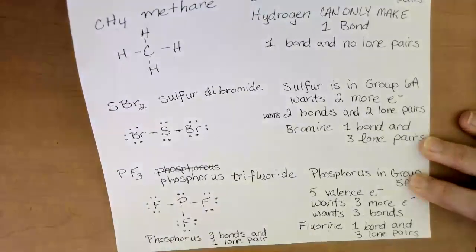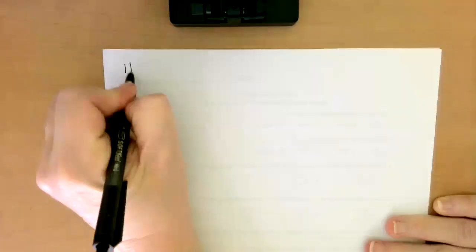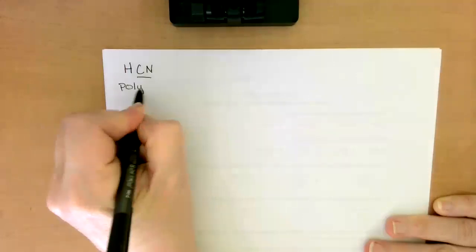The next molecule I'm going to draw a Lewis structure for is HCN. This has a few names depending on whether it's in water or not. We're going to name this compound much as we would an ionic compound. We have the hydrogen, and then the group C and N. We learned from the ionic compounds that this is a polyatomic ion.